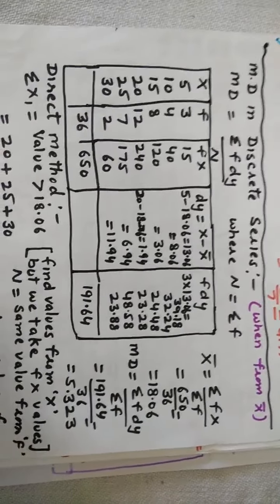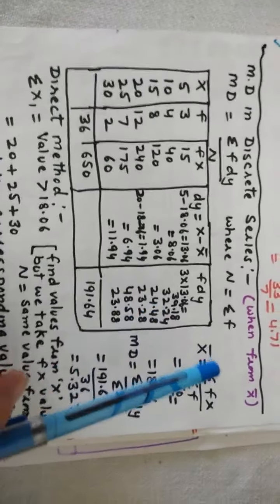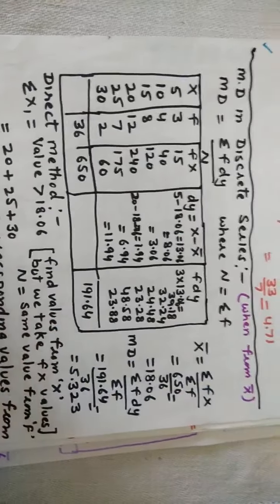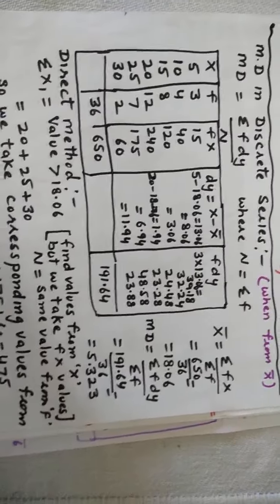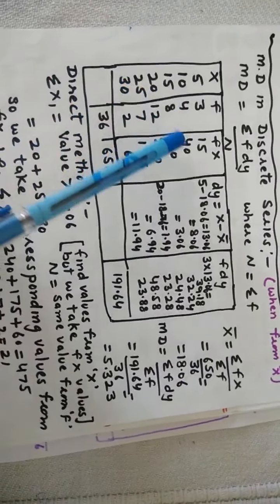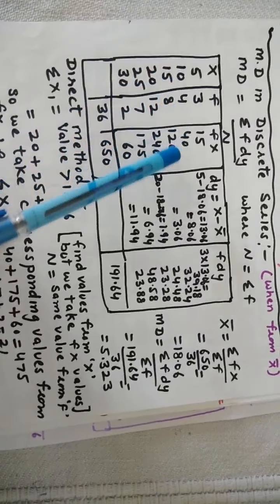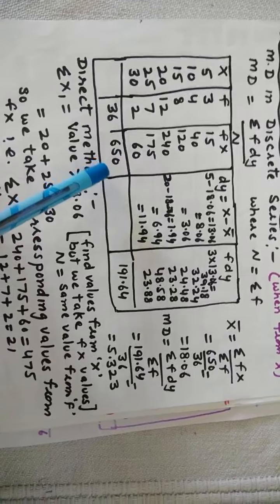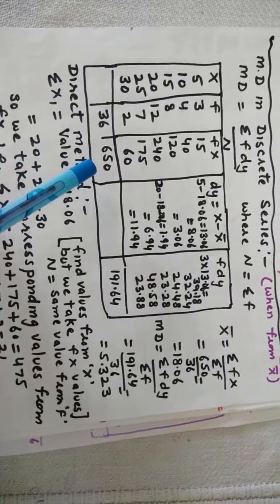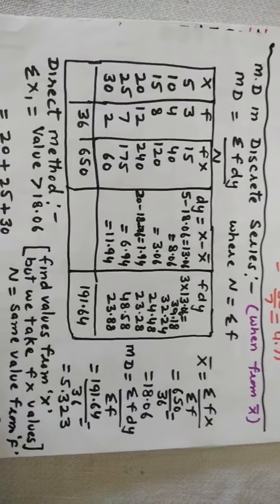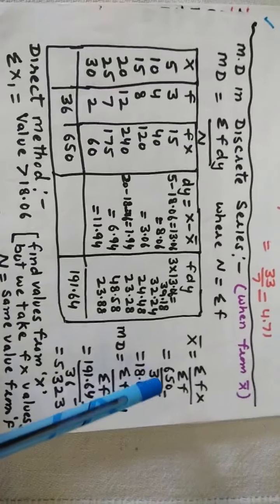Next is mean deviation in discrete series. First we calculate mean deviation from the mean. Variables are given, frequency is given. We multiply x with f for calculating the mean. Here mean is 18.06.